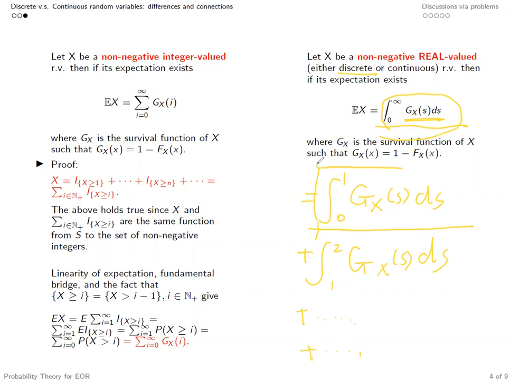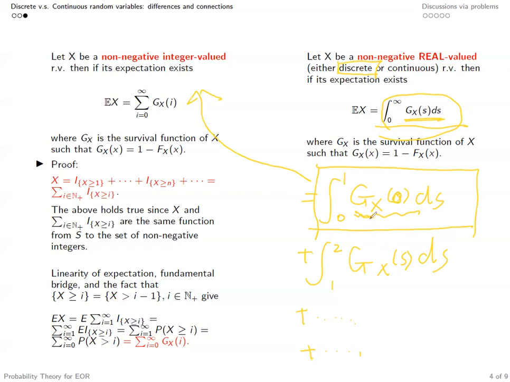But what is the first Riemann integral value if X is non-negative integer valued? If X is discrete, such that it's a non-negative integer valued random variable, we know this survival function evaluated between 0 and 1 is essentially a constant, G_X(0).